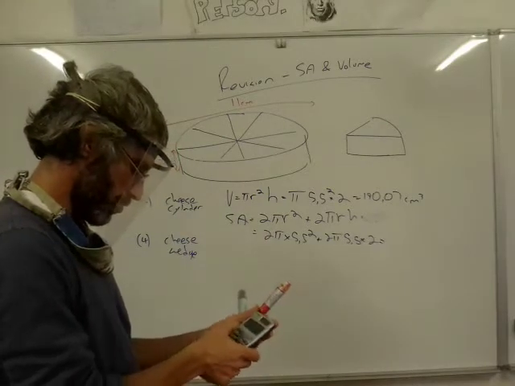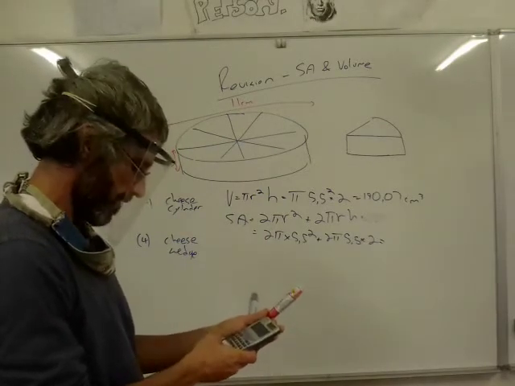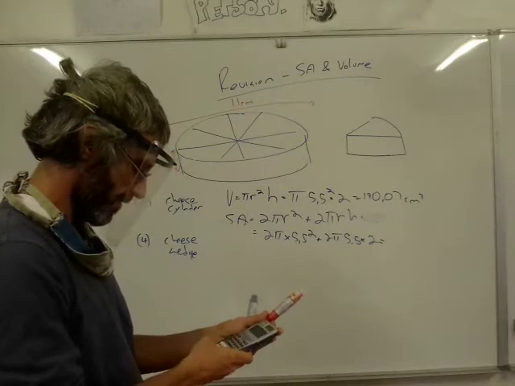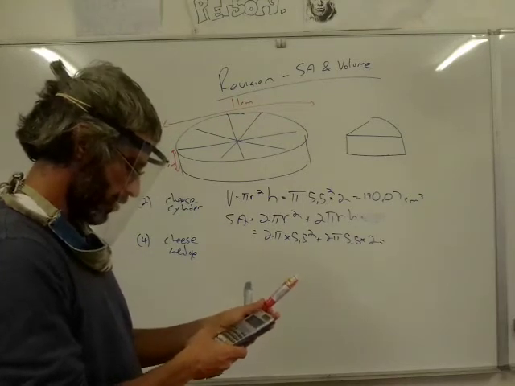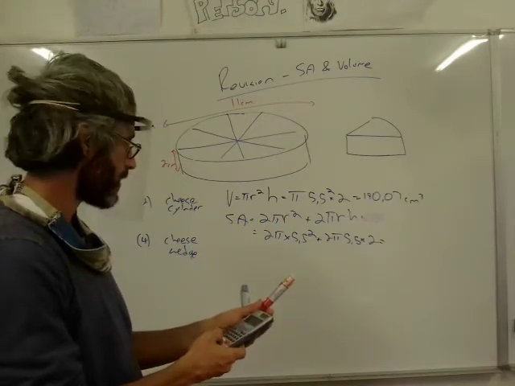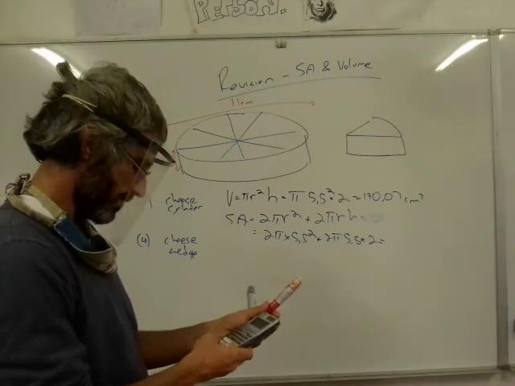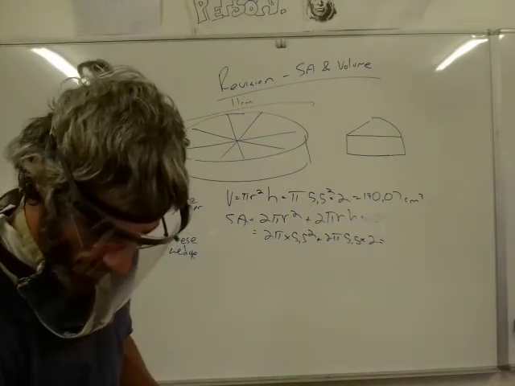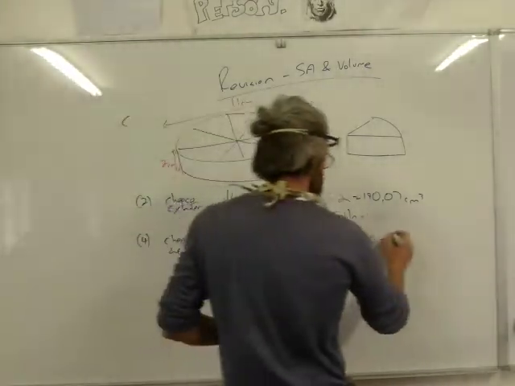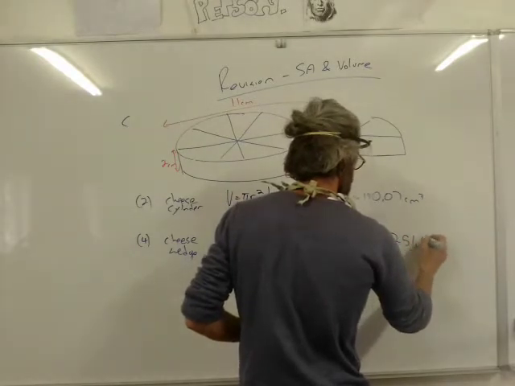Okay, 2 pi times 5.5 squared plus 2 pi times 5.5 times 2 equal, I'm getting 251.18.